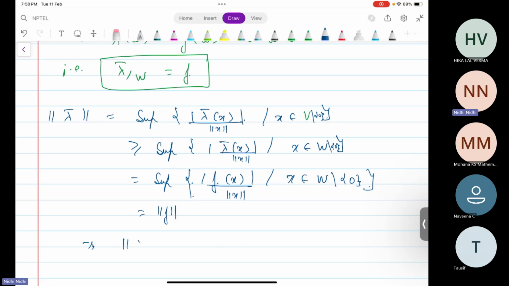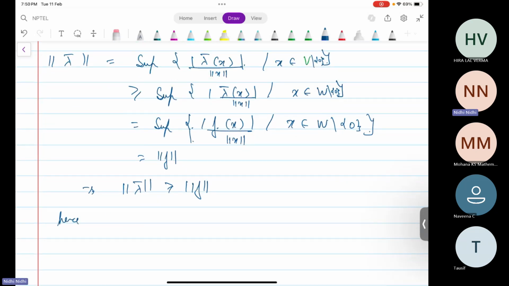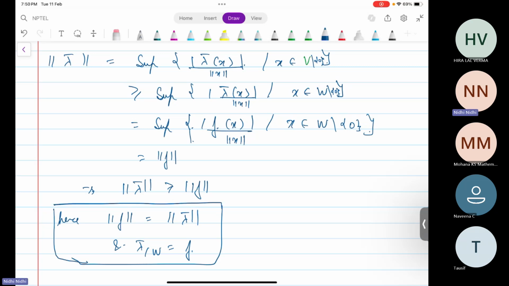This gives us norm lambda bar greater than or equal to norm f. Hence norm f is equal to norm lambda bar, and lambda bar restricted to W is f. Therefore, we got the extension.